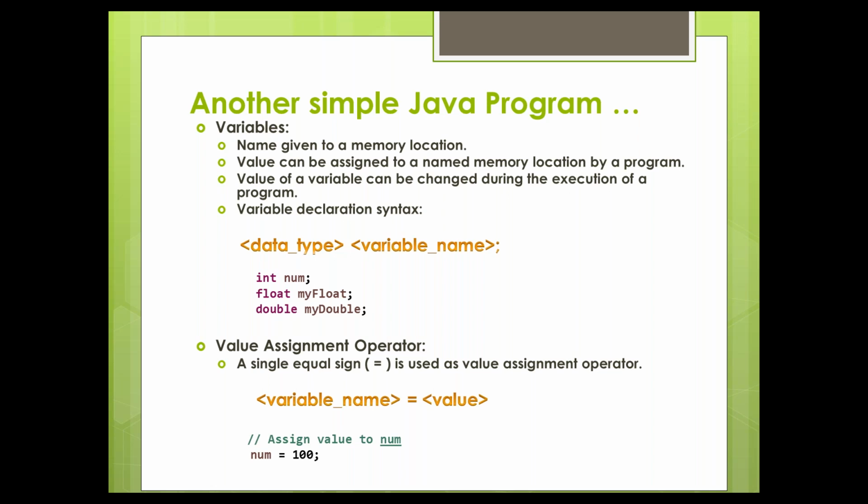Syntax is nothing but the rule that you have to follow for either declaring a class or defining a class, defining variables, whatever it is. You have to follow those things in order for your compiler to compile without any errors. In order for your program to run successfully, you have to follow certain rules.